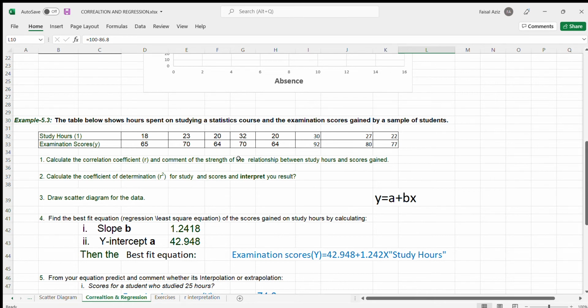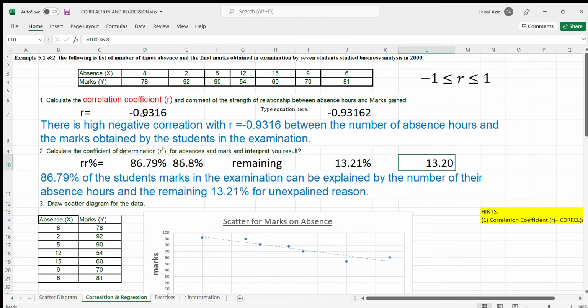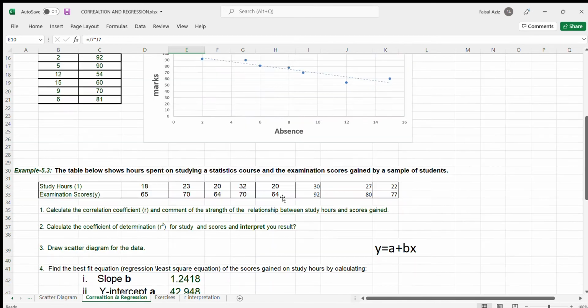Now here we need to calculate the correlation coefficient, and we have to comment on the strength of the relationship between study hours and score gain. So this is what we have already calculated over here in the form of R, and we have also calculated the value of R square, showing how much variation this model can explain and how much variation the model is not explaining to us.